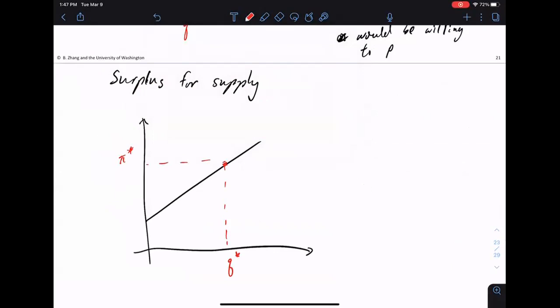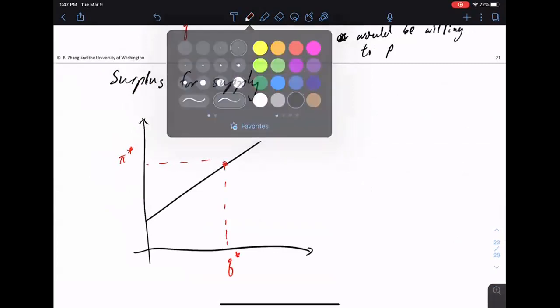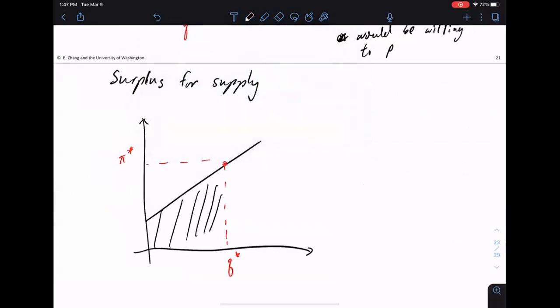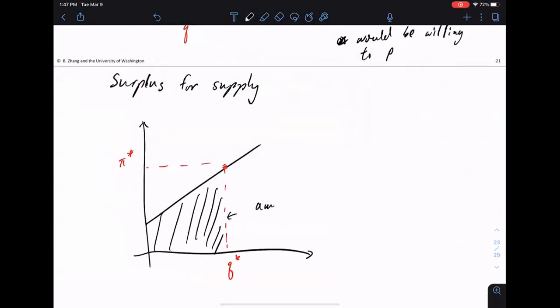If you look at the area under the curve, this is your cost. So this is sort of the amount you're willing to earn, because this represents a break-even point.